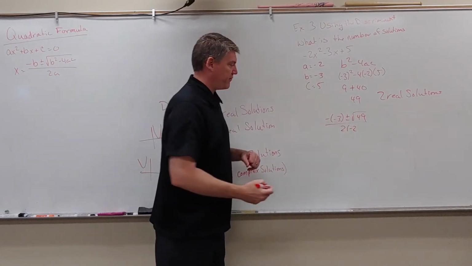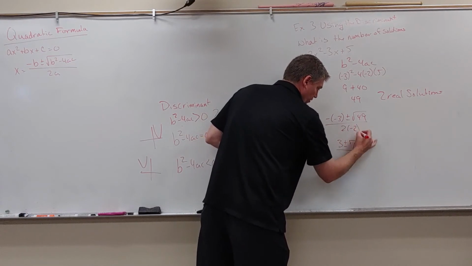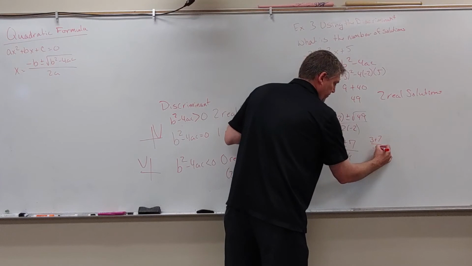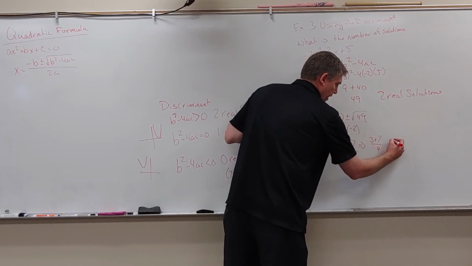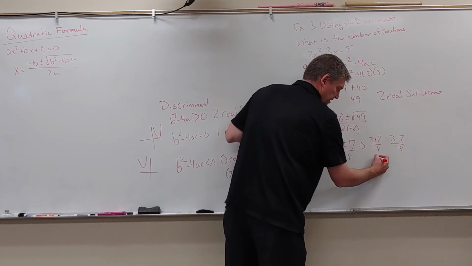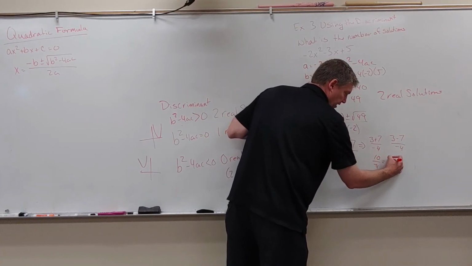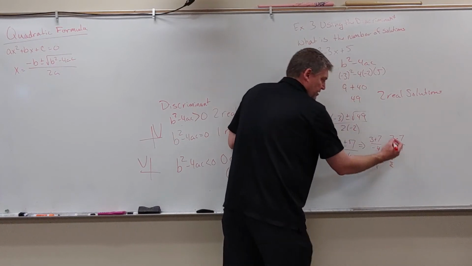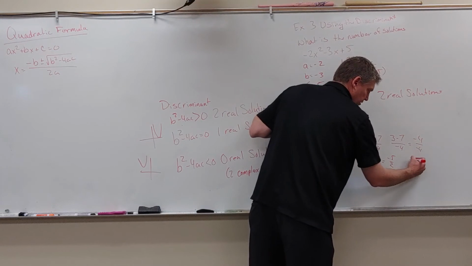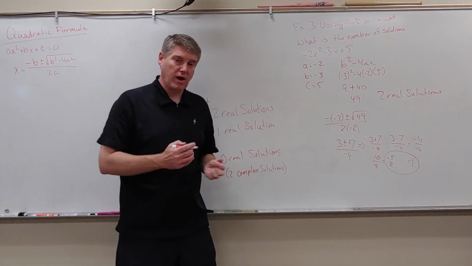I know the square root of 49. So this gives me 3 plus or minus 7 over negative 4. So now I have 3 plus 7 over negative 4, and 3 minus 7 over negative 4. So this gives me 10 over negative 4, which is negative 5 halves. This gives me negative 4 over negative 4, which is 1. So my solutions are negative 5 halves and 1.